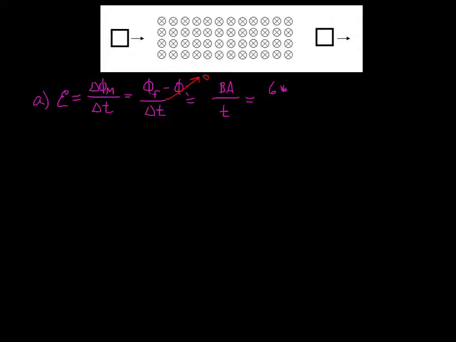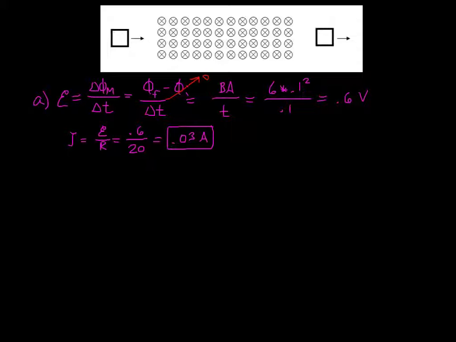It's 10 centimeters on each side, so that's just a square, 0.1 squared, divided by the time of 0.1 to enter the field, which is equal to 0.6 volts. And the current from Ohm's law, the EMF divided by the resistance, 0.6 divided by the resistance of 20, is equal to 0.03 amps.